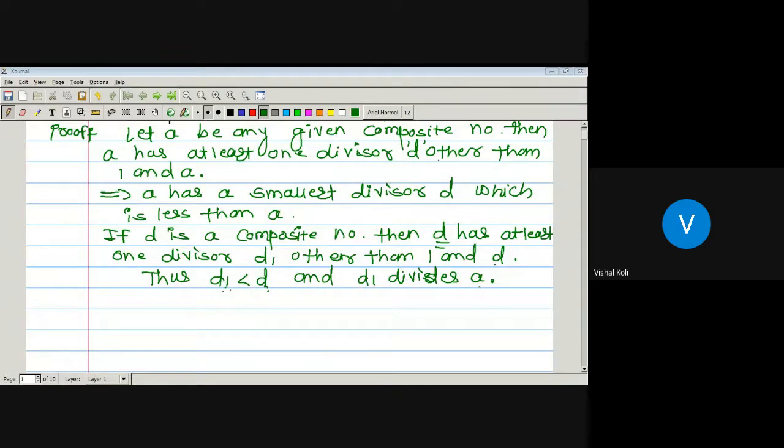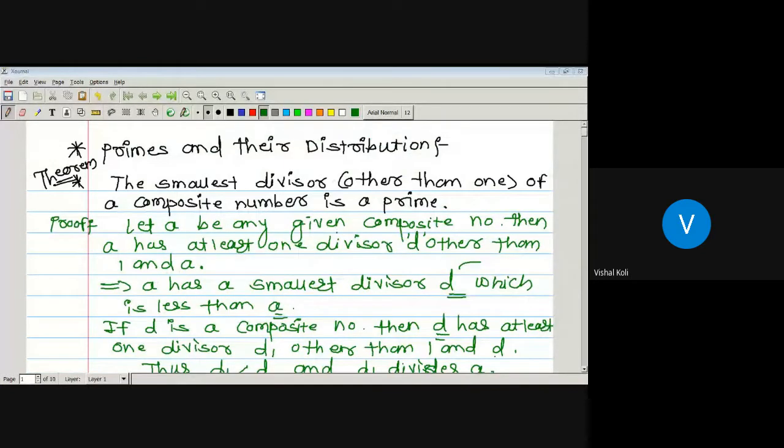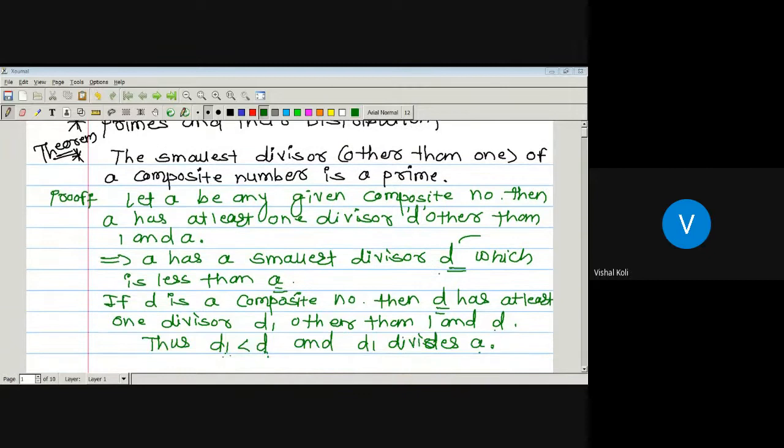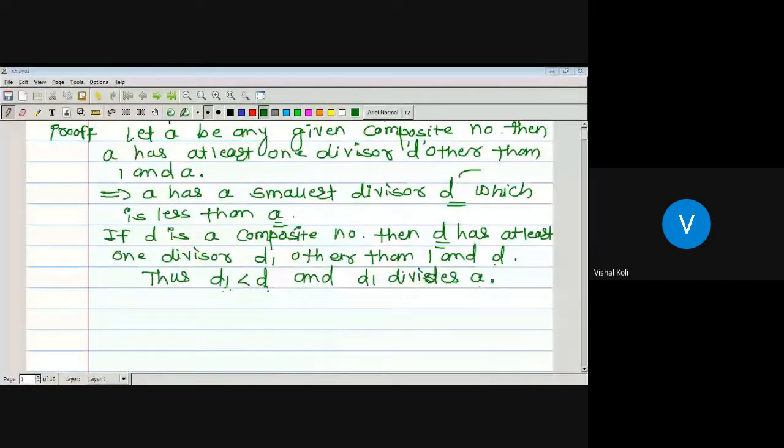Now, d is a divisor of the element a. If d is a prime number, then our process stops, which is what we have to prove, since the smallest divisor other than 1 of a composite number is a prime. If d is a prime, there is no divisor other than 1 and itself which is less than d. But if d is a composite number, then there is a divisor d1 of d which is less than d.